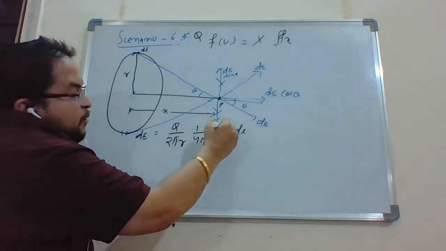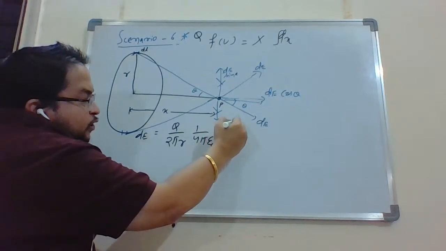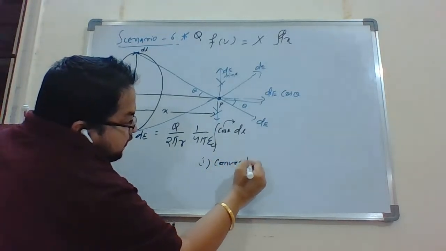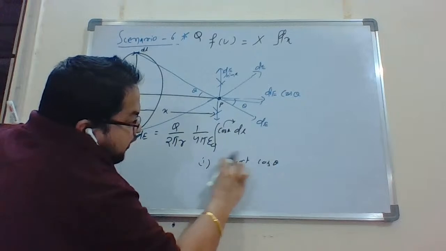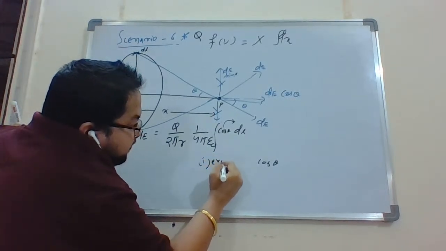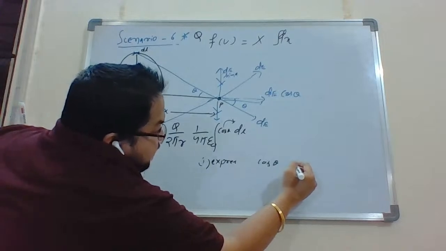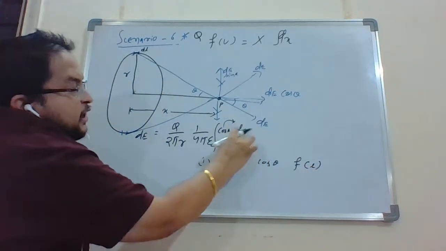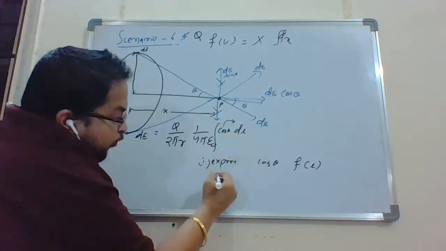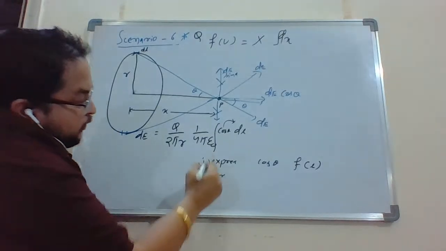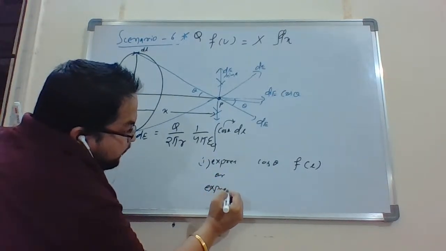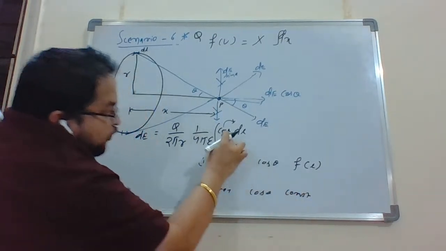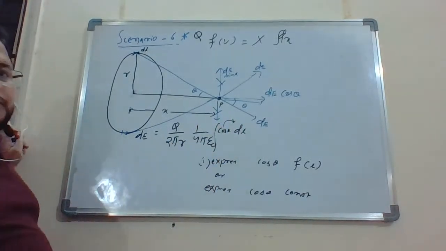All that I have to do now is convert cos theta. So I have two options. One, express cos theta as a function of L, so that I can use the integral dl, or two, express cos theta such that it's a constant, because if it's a constant, it will go out of the integration, and my integration will be very simple.